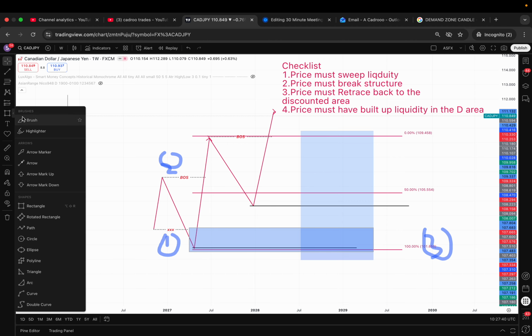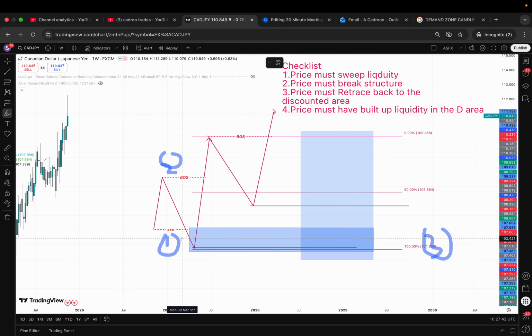What's the first criteria, guys? Sweep of liquidity, inducement of liquidity, a break of structure, using your Fib to determine the discounted areas. Number 3, price must have built up liquidity inside the premium areas. And now we can see price has built up this trendline liquidity.